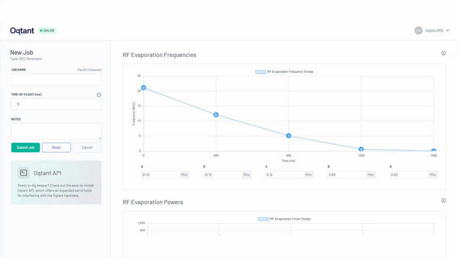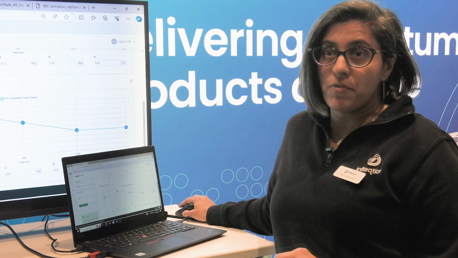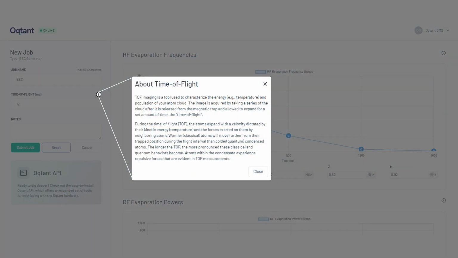The first thing you do is you give it a name. We're going to be very generic and call it a BEC today. This second parameter that we have is called time of flight. You create a BEC, you manipulate it, but then you release it from the trap and you measure its parameters at different times as it falls due to gravity.